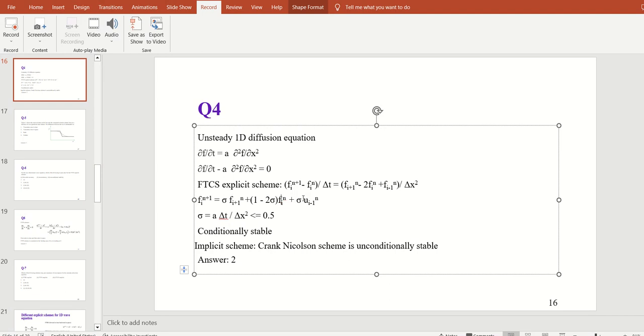If we rewrite this so that Fi^(n+1) alone remains on the left hand side and all other terms go on the other side, we would have a constant, and we would use it to define sigma, where sigma is a into delta t by delta x square. This sigma should be less than or equal to 0.5 for the forward time central space explicit scheme.